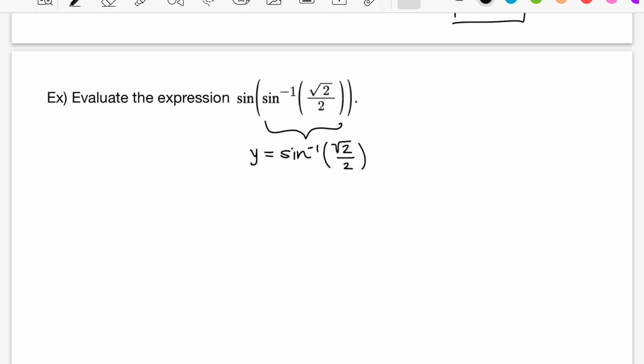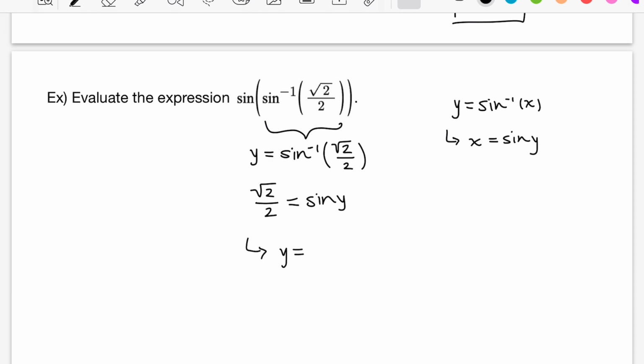So just focusing on this inside function, this looks super similar to the last examples we've done, where we have this form here, which will be rewritten like this here. In this case, our x value is going to be root 2 over 2. So we'll have root 2 over 2 is equal to sine y. Now referring to our unit circle, y must then be equal to pi over 4.